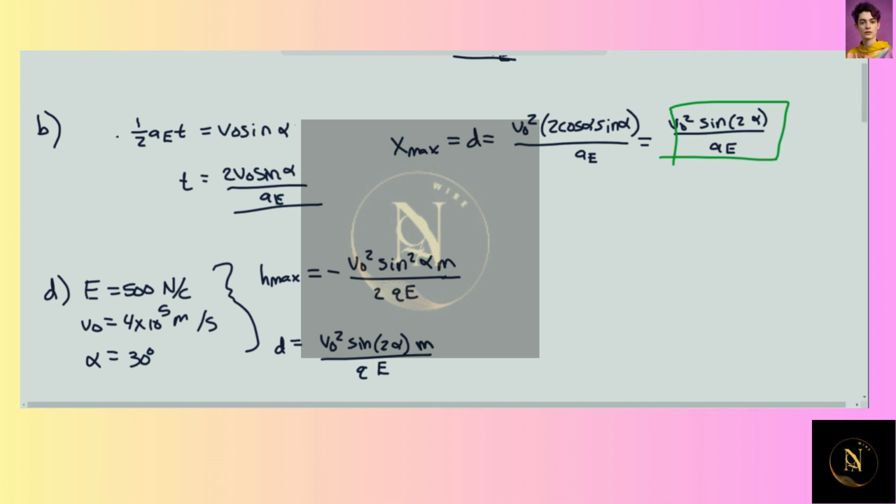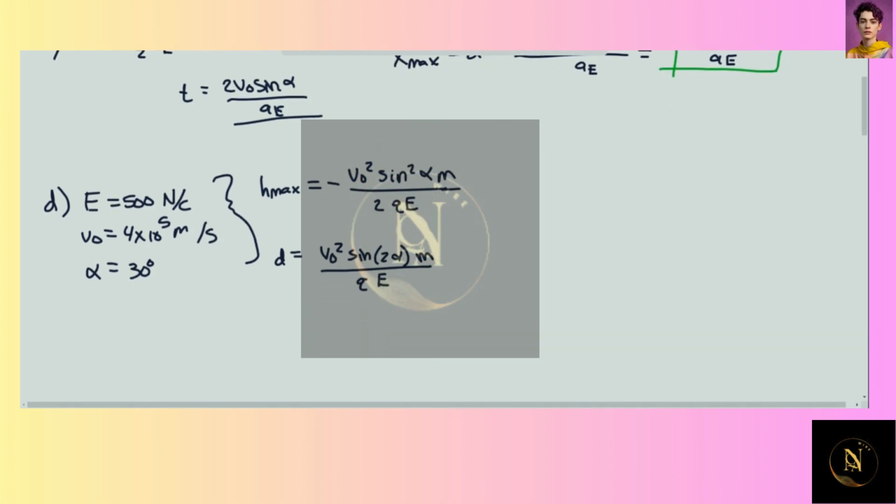And now you can just plug in values. If you know that the charge of the proton, Q, is equal to 1.602 times 10 to the negative 19 coulombs, roughly, and the mass of the proton is approximately equal to 1.673 times 10 to the minus 27 kilograms.